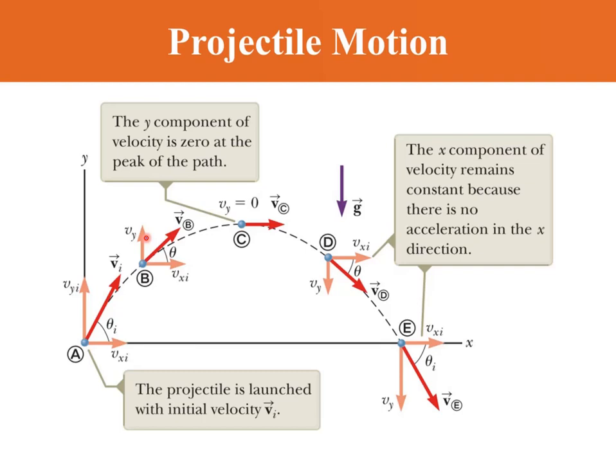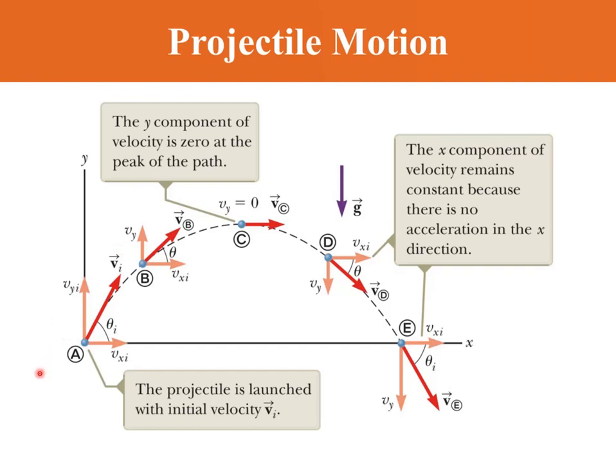But if you compare B and A, the arrow of Vy is shorter than Vy initial. This is because this object actually behaves as an object thrown upward, where we have gravitational acceleration downward.